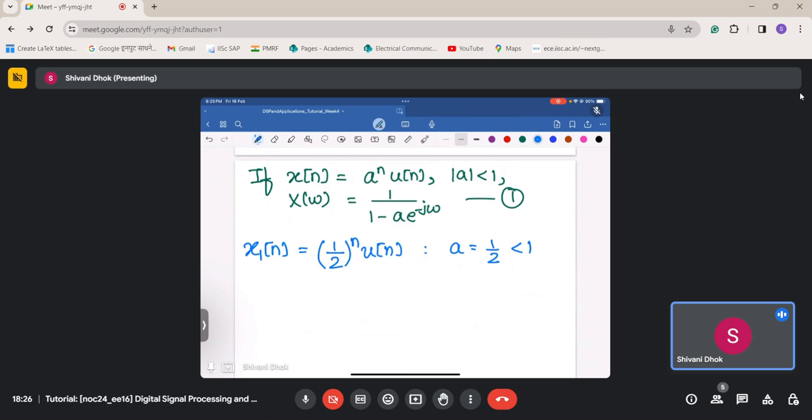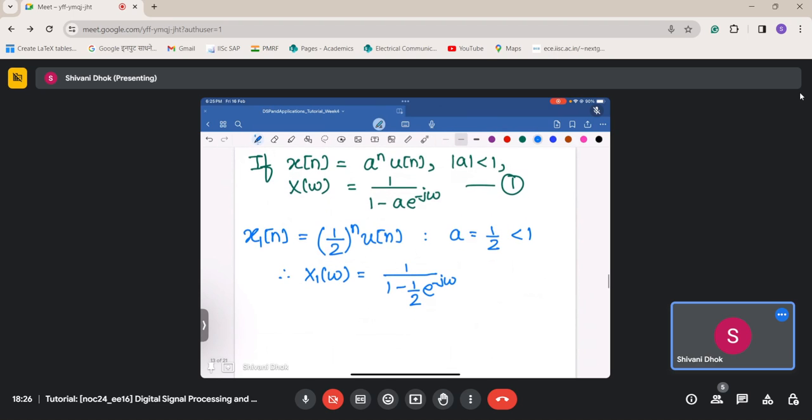Therefore X1 of omega will be 1 upon 1 minus half into e^(-j omega). Similarly, x2 of n was (1/3)^n u[n].